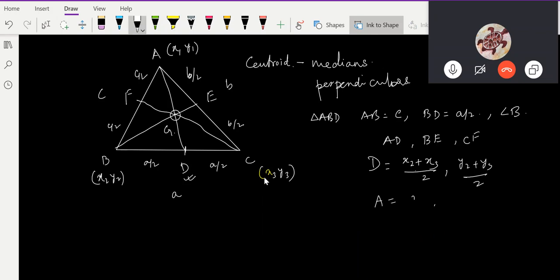A is x1, y1. So we know the two points A and D, so we can find out the equation of the straight line passing through these points.